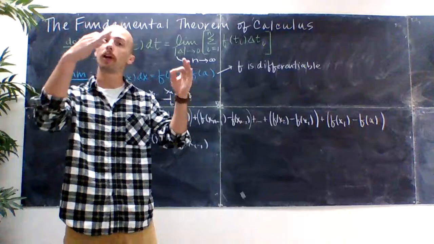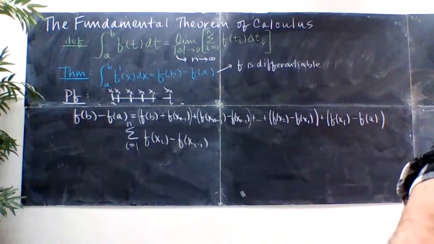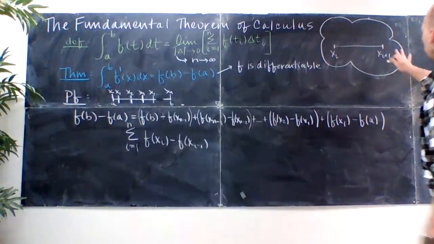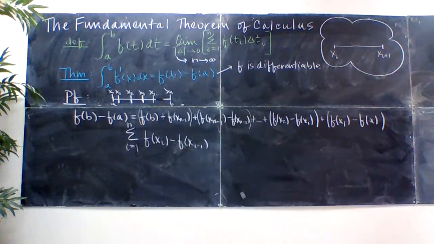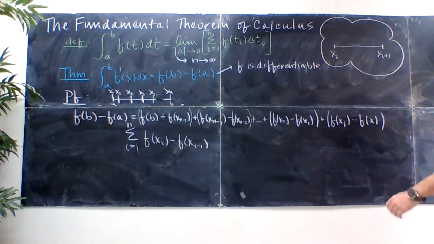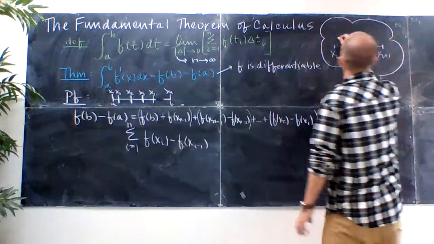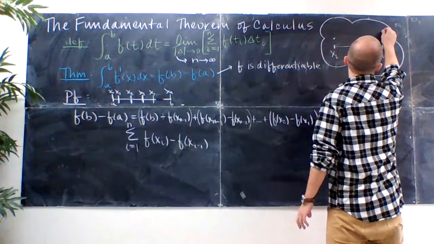So there's a place where f prime is equal to the average rate of change. And so I put a little bubble over here, and I said on the i to i plus first subinterval, I'll even draw the picture of it for you.